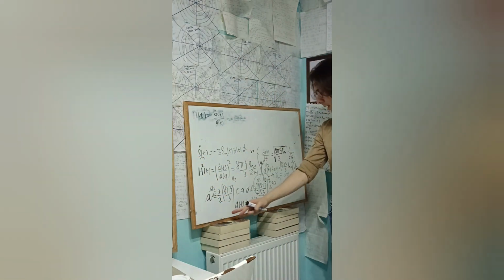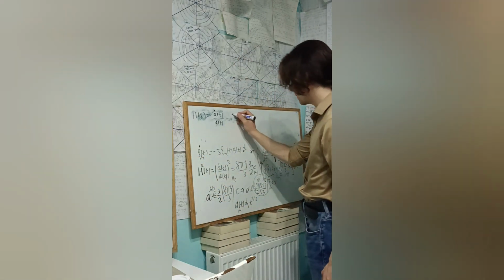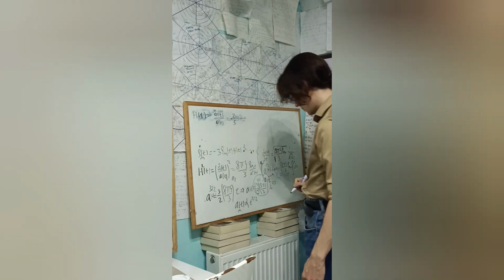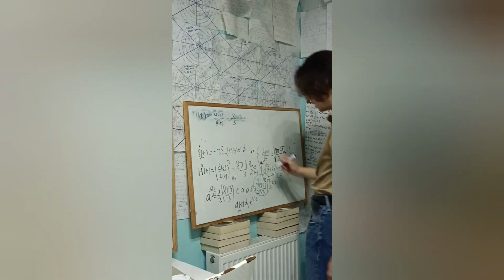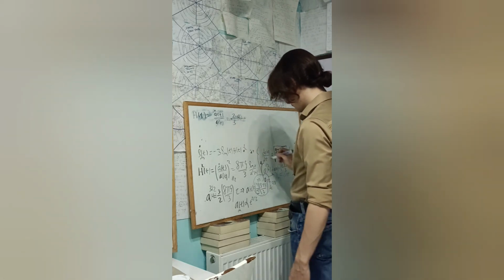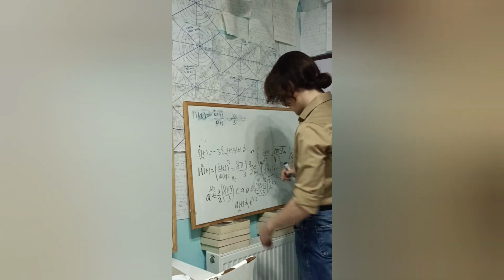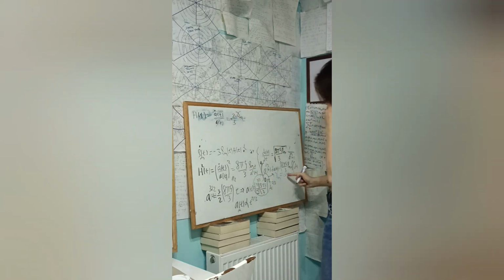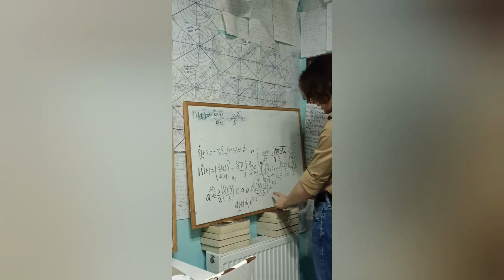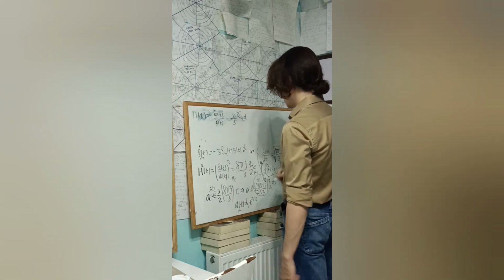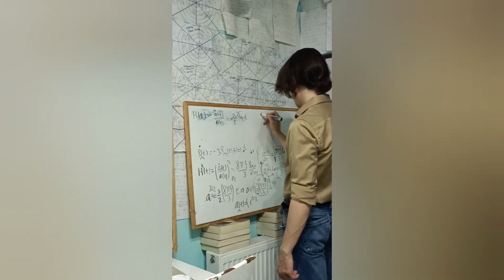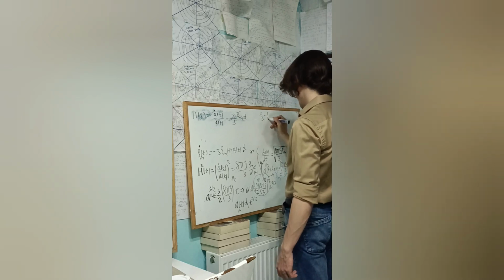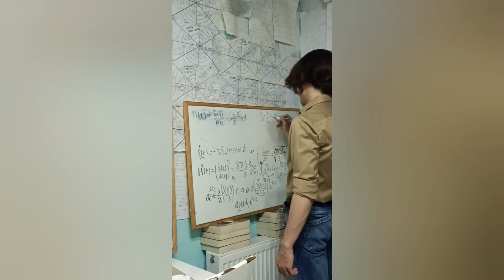So writing down a dot, we have 2 over 3 times some constant gamma m times t.